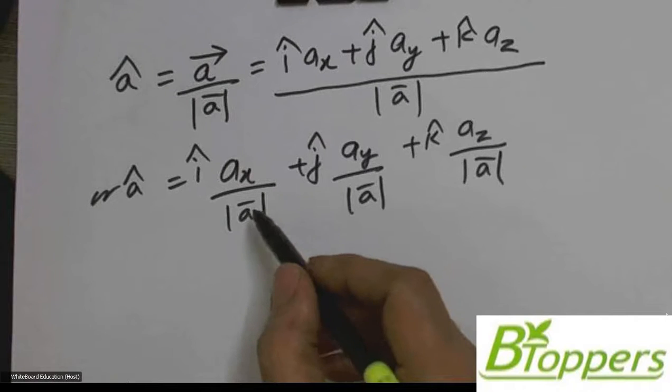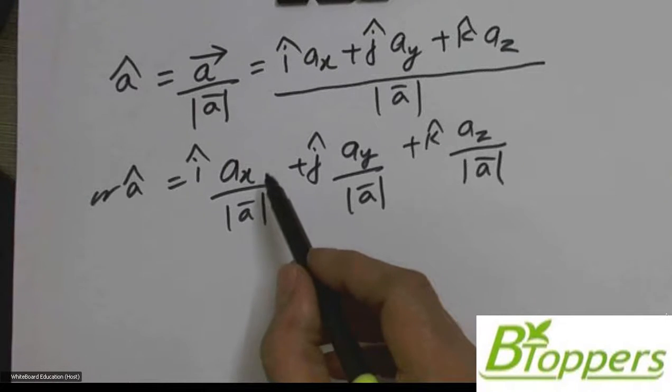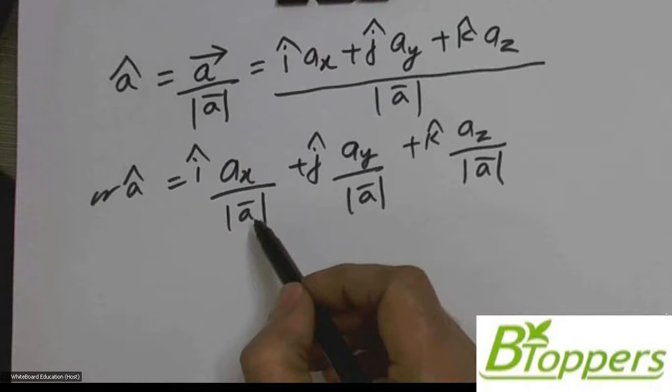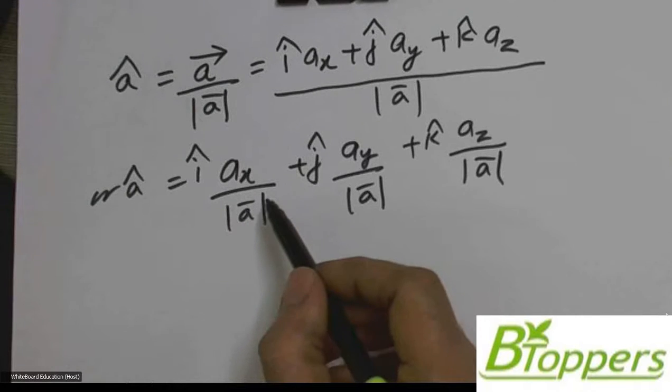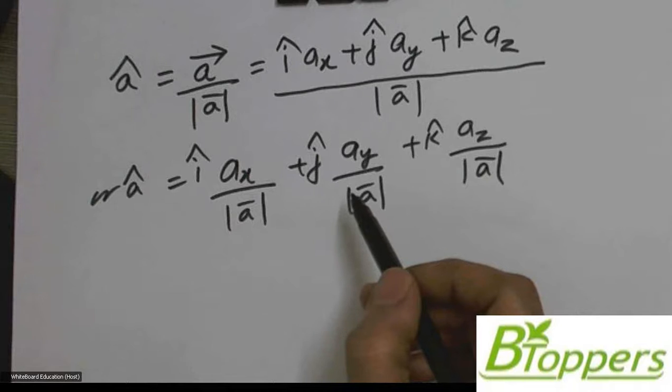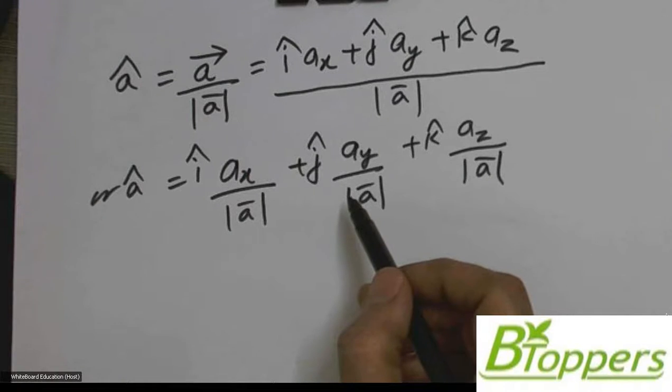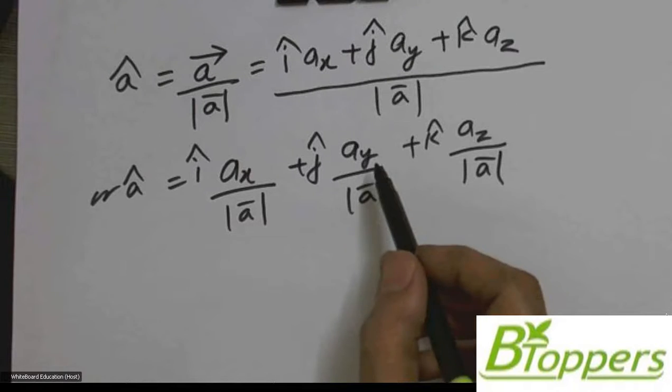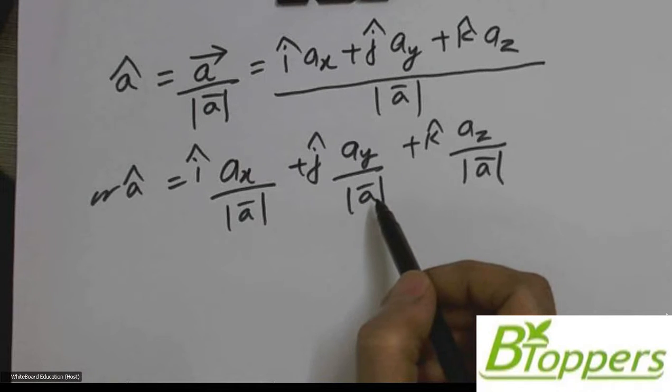As I discussed previously, if alpha is the angle made by the vector A bar with the positive direction of x-axis, then AX by mod of A bar will be equal to cos alpha. If beta is the angle made by the vector A bar with the positive direction of y-axis, then AY by modulus of vector A bar will be equal to cos beta.